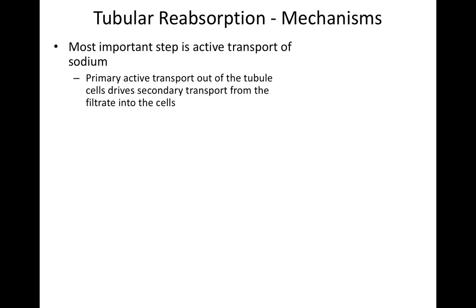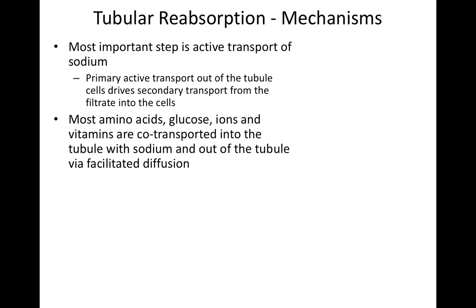Actively transporting sodium allows us to then passively transport other things like water and chloride, and then co-transport many other things like amino acids, glucose, things like that. So we use sodium as kind of our primary, but that's going to help drive all the other transports.